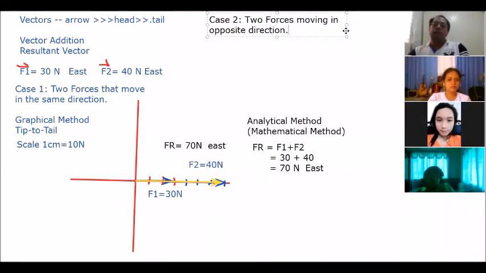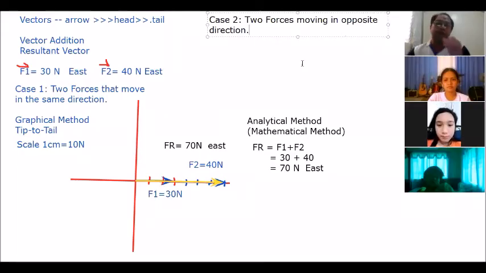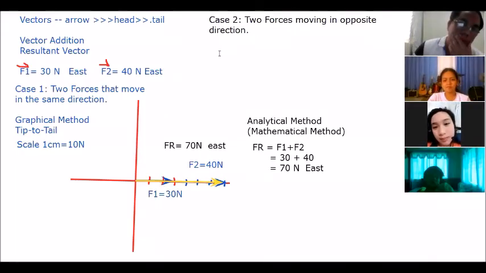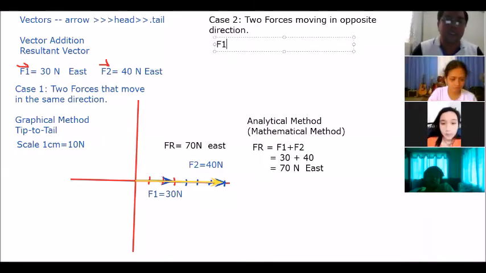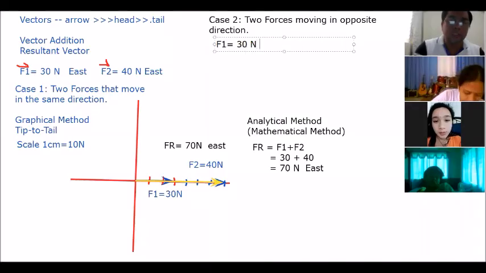Okay, so what will be our value for this one? So let's say our values are: F1 is 30 newtons east, and our F2 is 40 newtons, and this time it's going west.